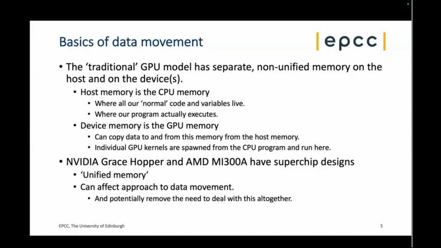Just make sure to protect your data access with atomic directives if different threads are accessing the same memory location. When you run something on the GPU, when you submit a team that launches, that creates something called a kernel, and it launches on the GPU. The kernel will usually only be able to access the memory on the device.